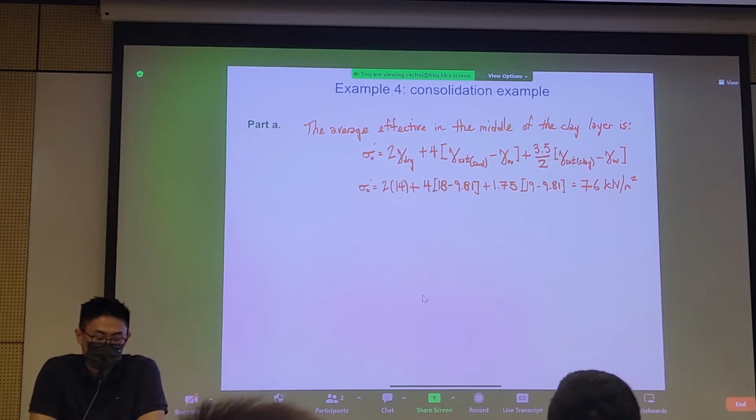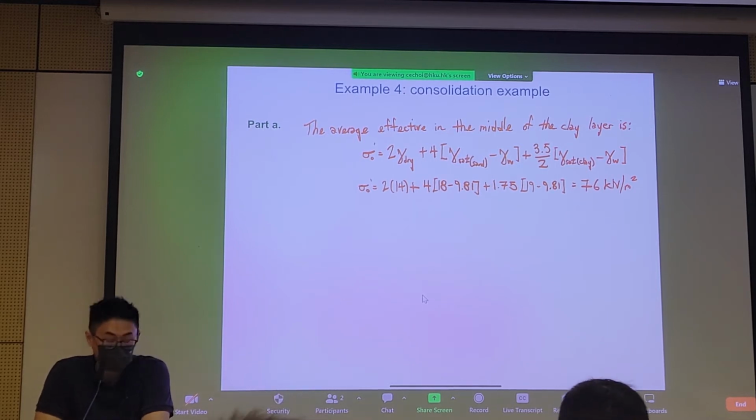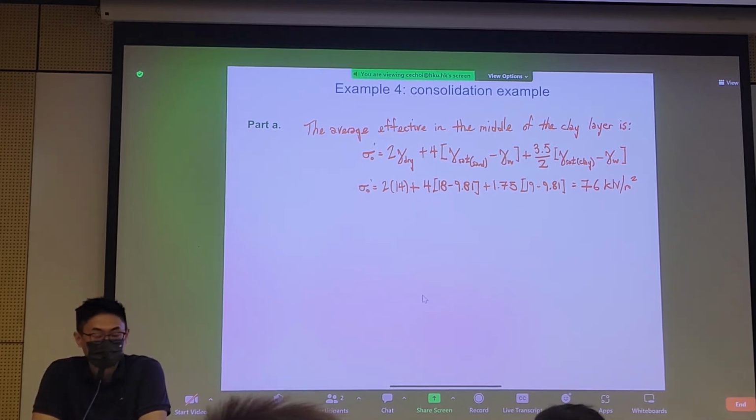So if you know your average effective stress, it becomes quite easy to calculate because you know what the surcharge was, right? The surcharge in the question was 100 kPa. The question says normally consolidated, so you know exactly where you are on the virgin compression line.